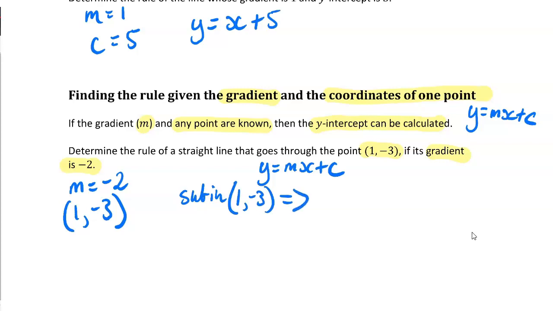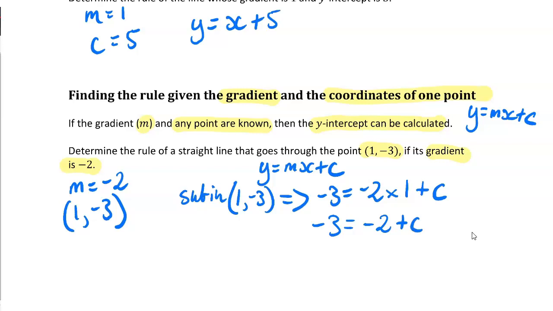My y value is -3, and my m is -2 times my x value of 1, and then my c I don't know, which is what I'm trying to find, the y-intercept. So -3 equals -2 plus c.